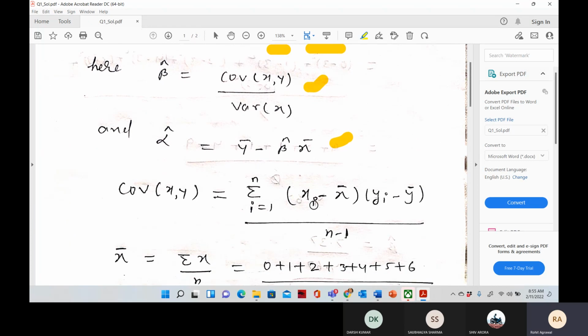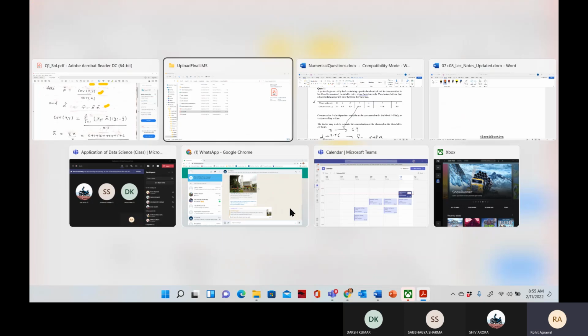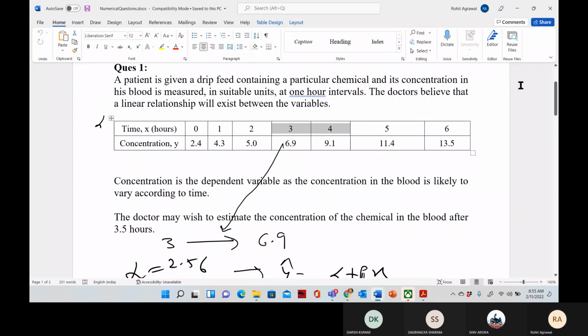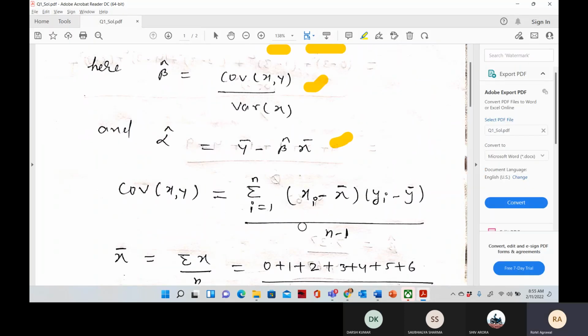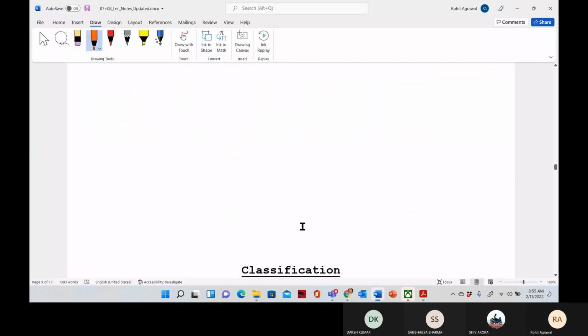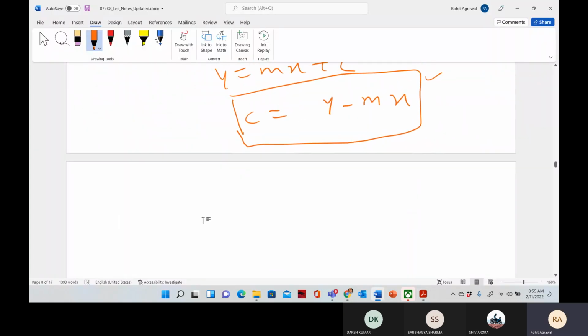This is the formula for the covariance. Clear? Yes, sir. You know, we can write that formula in the notes as well if you need. Okay. So covariance is this.